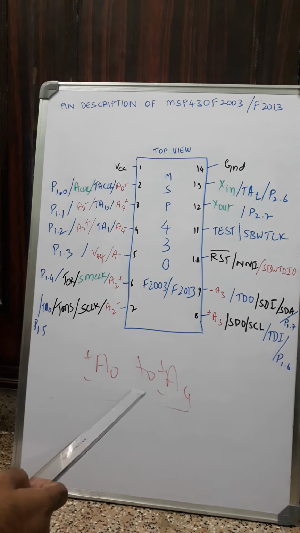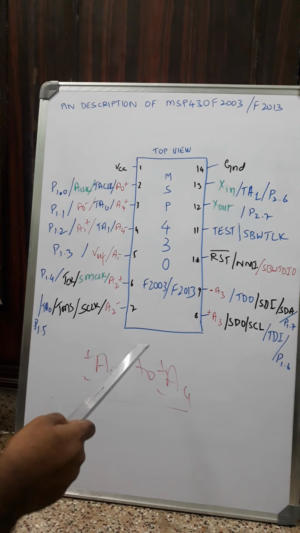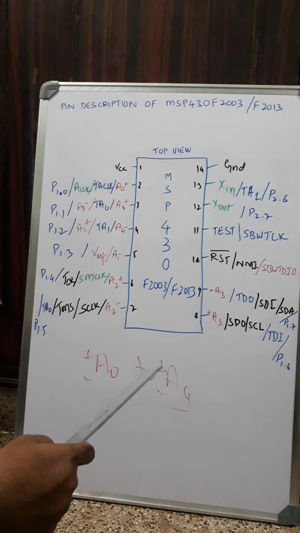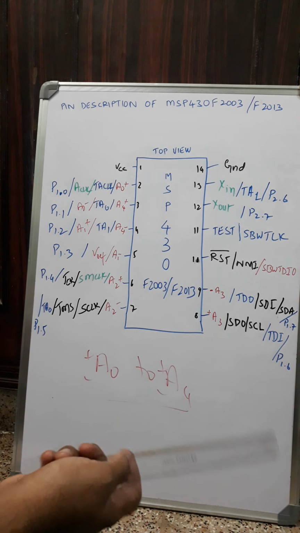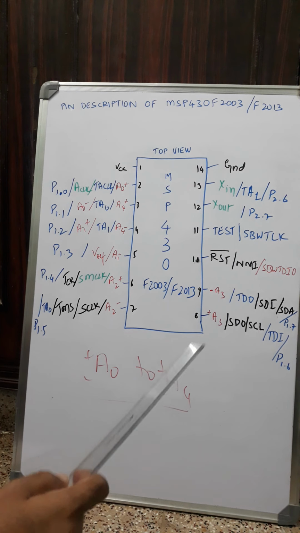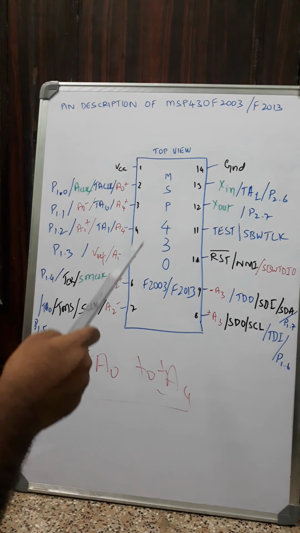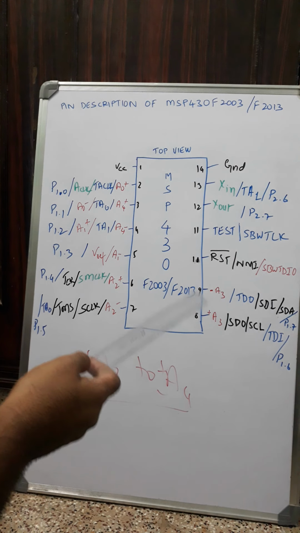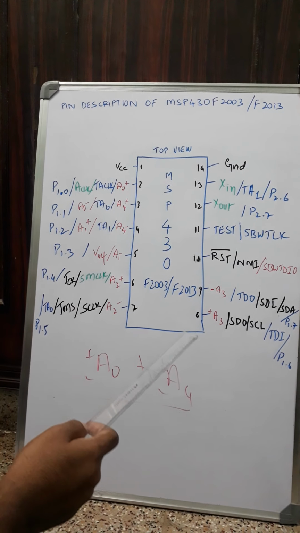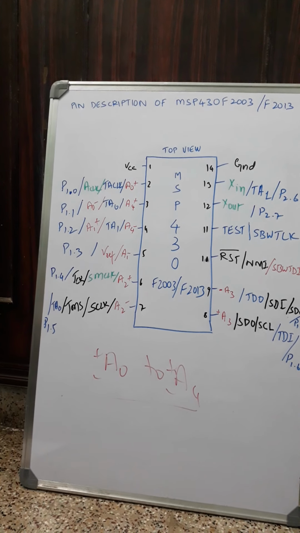So instead of the JTAG protocol, Texas Instruments, which have brought out the MSP430, have also given a Spy-Bi-Wire kind of protocol, which is a serial JTAG protocol. Thereby they have reduced the number of signals related to the testing operations, that is hardware testing operations. Spy-Bi-Wire, let me write it.